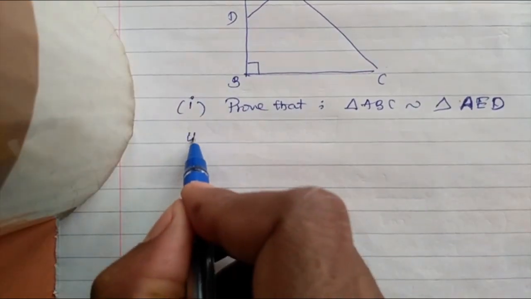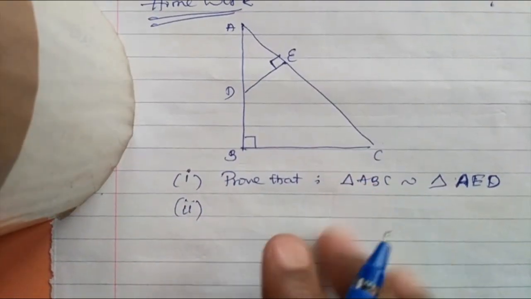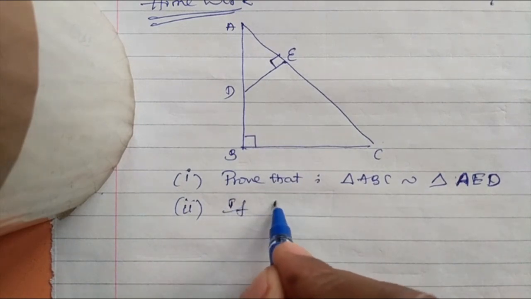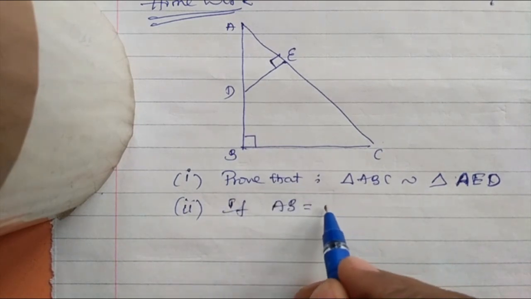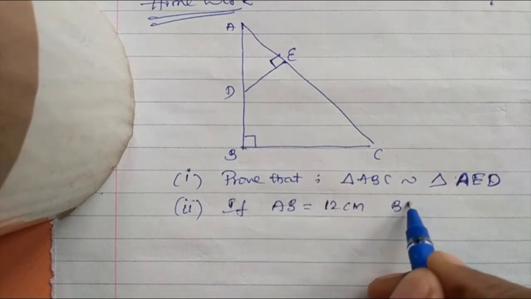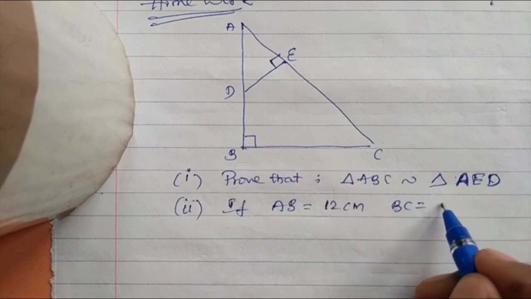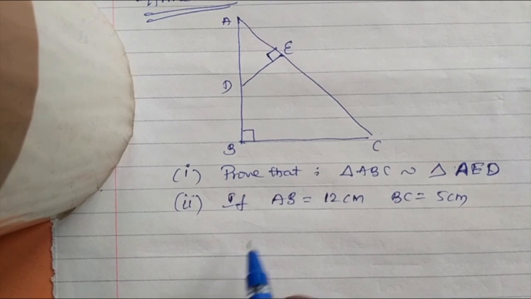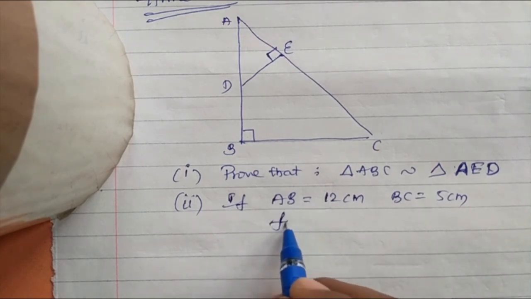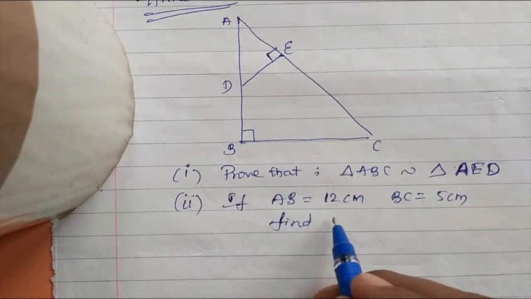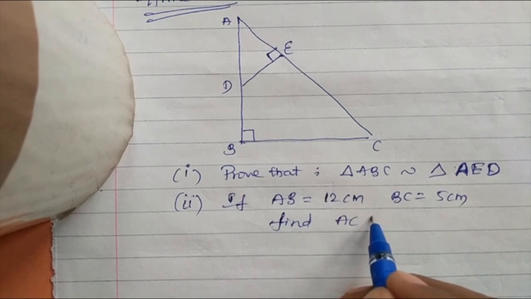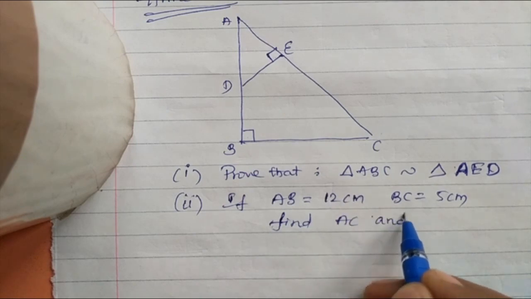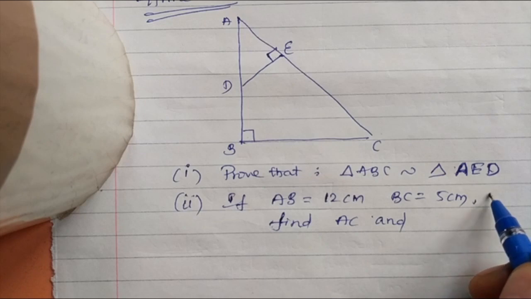Don't worry. Second question. If AB equal to 12 centimeter, BC equal to 5 centimeter, find AC. AB, BC, two are given, no?